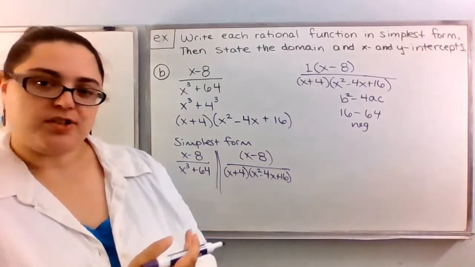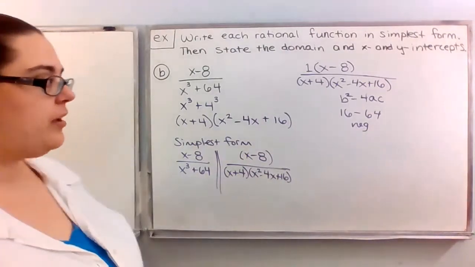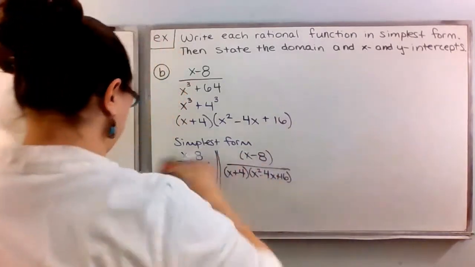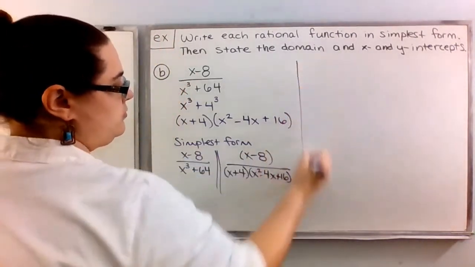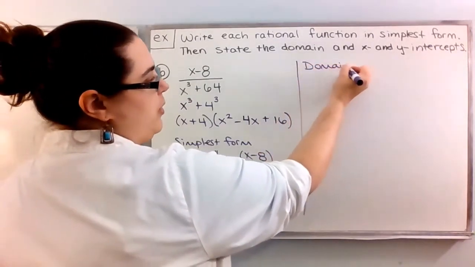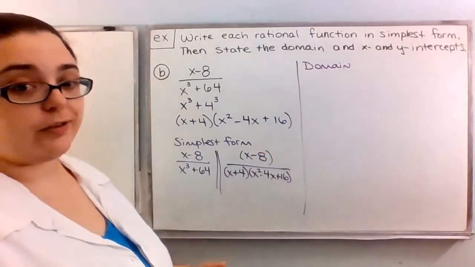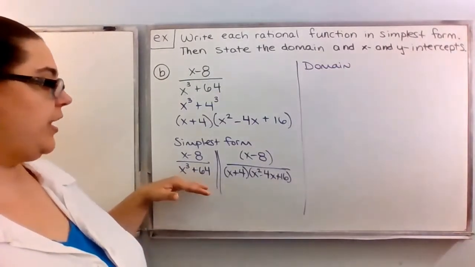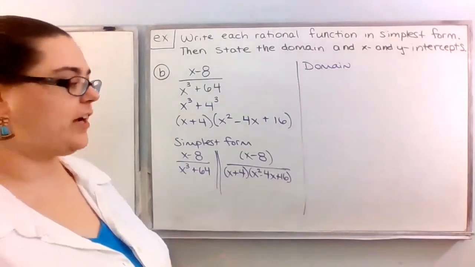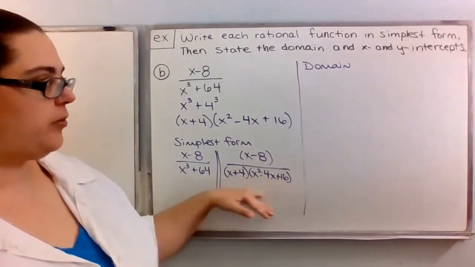All right, so now let's state the domain. So I'm going to erase this piece over here. For the domain of this function, remember that the denominator cannot be 0, and we want to be looking at the original function, or before we canceled any factors. So we didn't cancel any factors, so I'm going to use the factored form here.